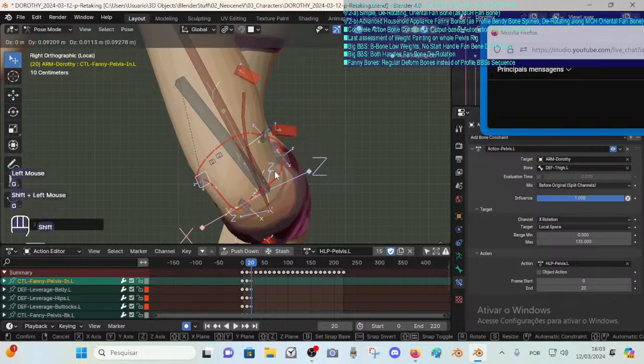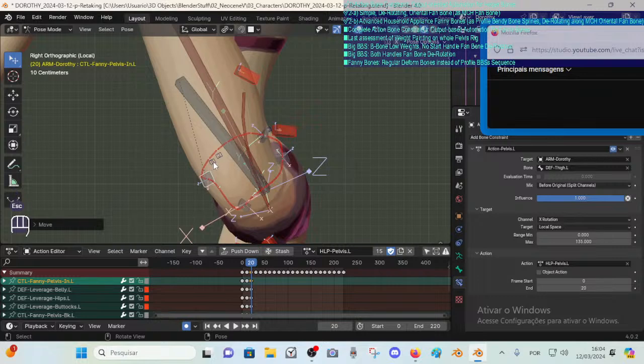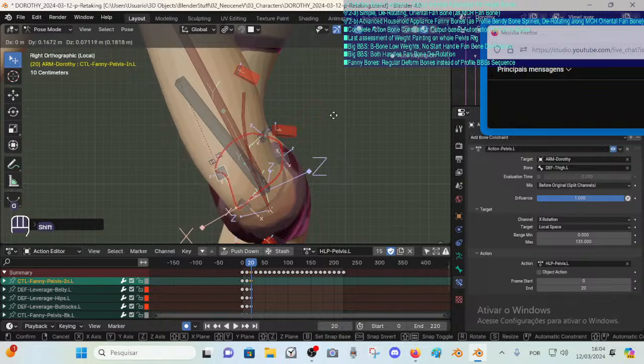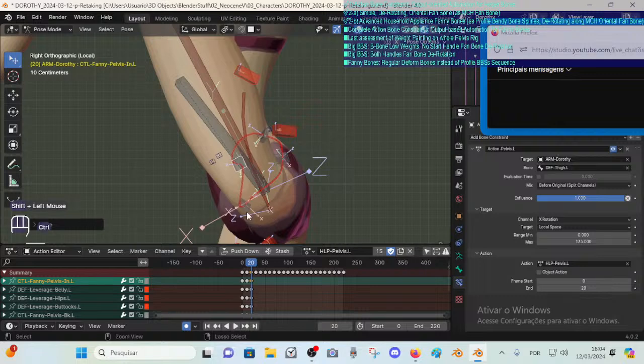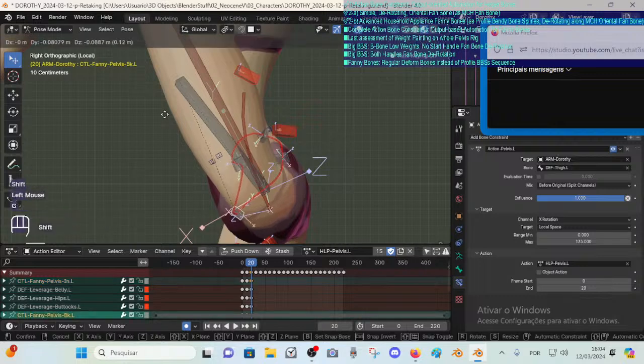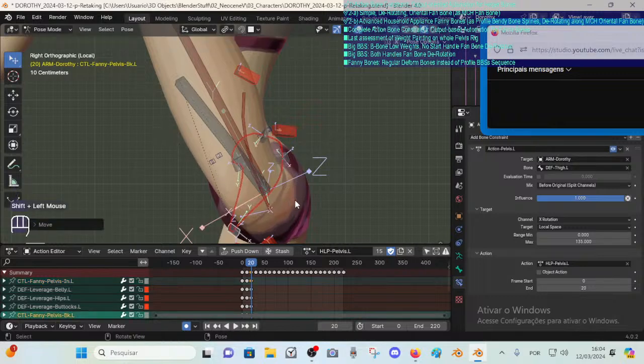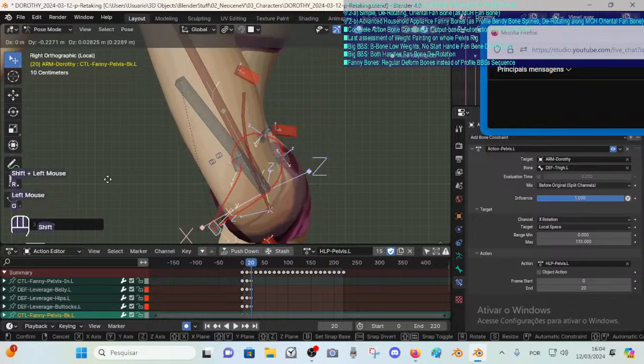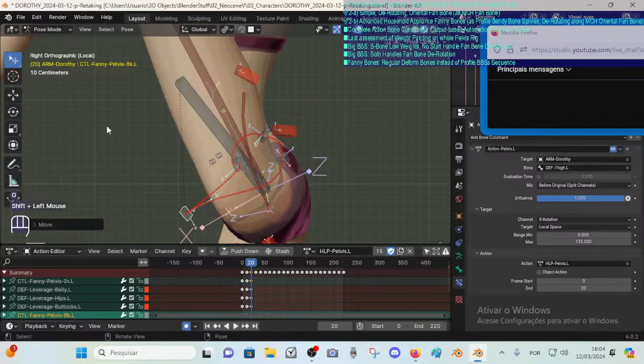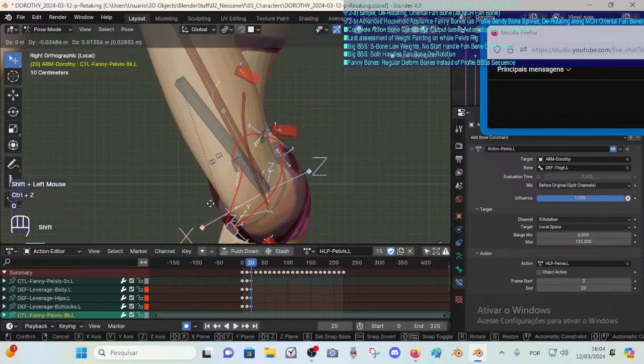I'm trying to match not the position here, but the position of this in relation to the mesh. Not match exactly, because there would be some natural flesh transforms, right, that would cause some changes on the volume, right?